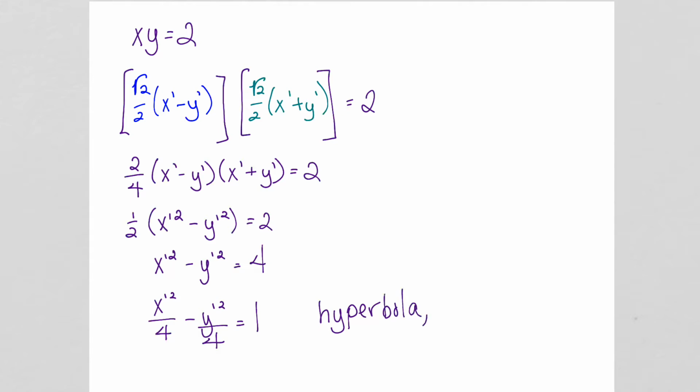It is a hyperbola where the transverse axis is, because x squared comes first, horizontal. Since there's no h and k, we know that its center is at 0, 0.